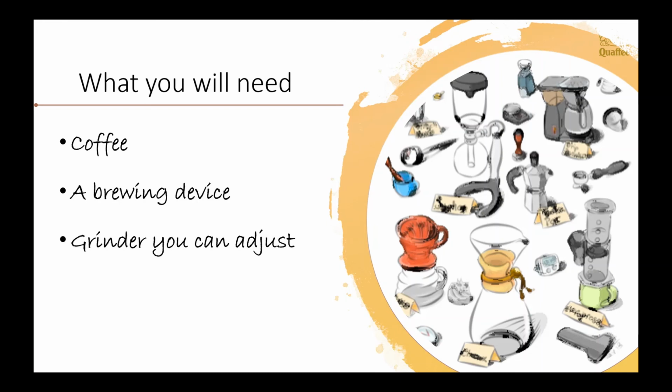It's got to be a grinder that you have control over so that you can adjust your brew. You will need a scale. Without a scale you cannot get consistency in your brew, so make sure you have one, and it needs to be accurate to 0.01 grams. Otherwise you will not be able to dose your coffee properly.